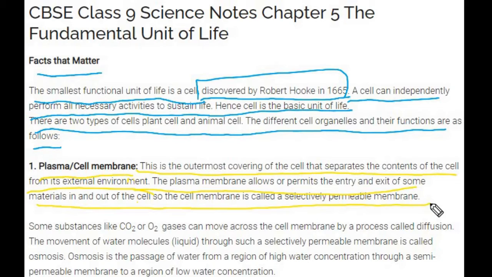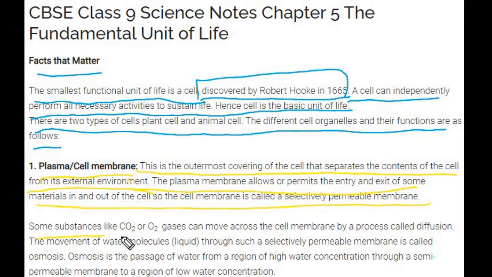Such as the cell requires oxygen, so it allows oxygen into the cell, and it allows the cell to release carbon dioxide outside. So if viruses are present in the environment, it makes sure that they won't enter the cell so that they won't damage the cell.